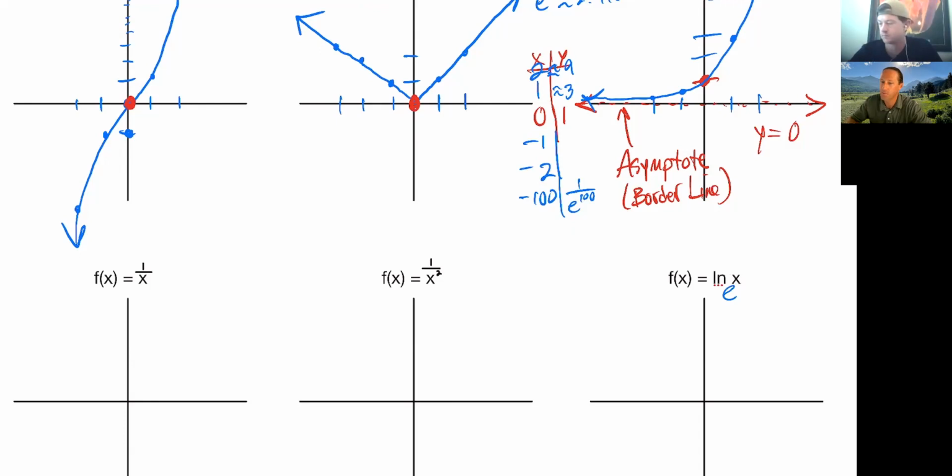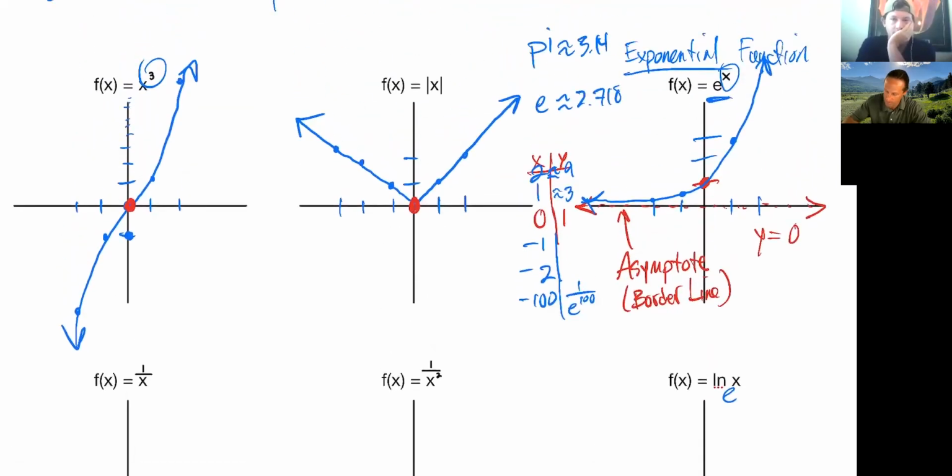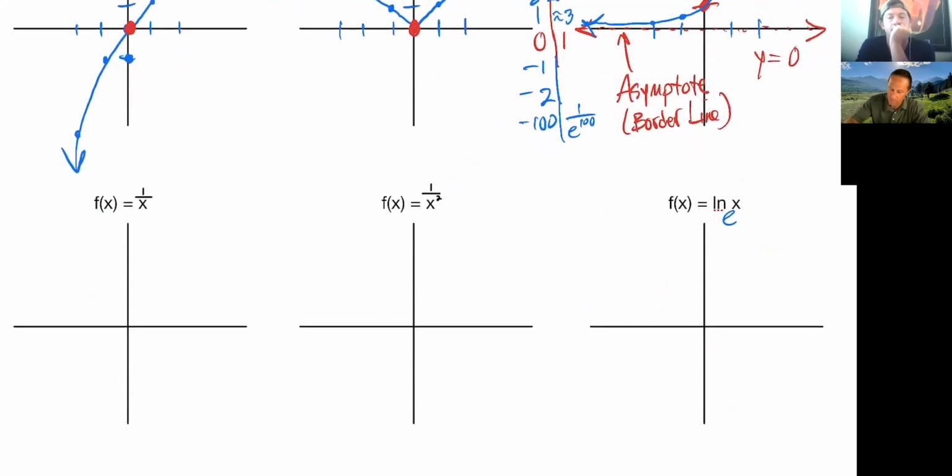And we're going to talk about something a little bit later today. It's called inverses. And inverses, hopefully you guys remember, is when we reverse things. And that means that instead of this graph here, the inverse of it is this graph, which means instead of having an asymptote along the x-axis, we will have an asymptote along the what?